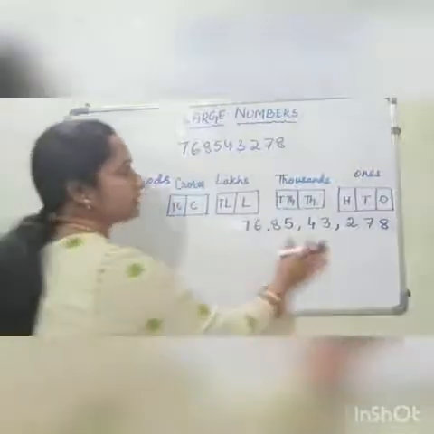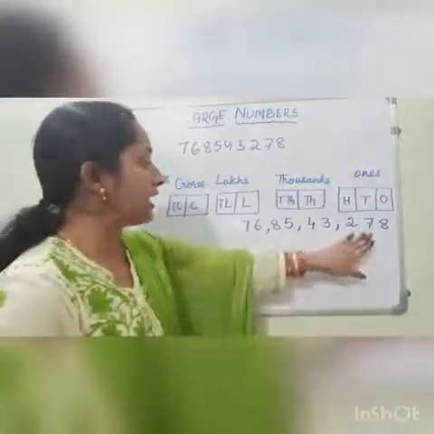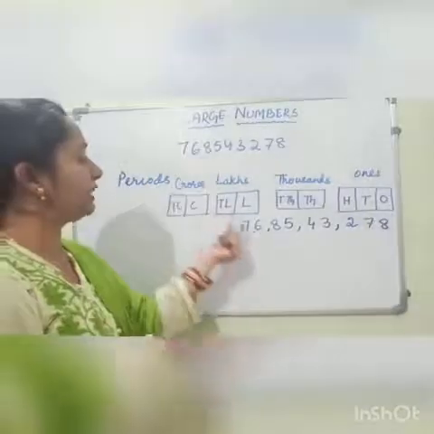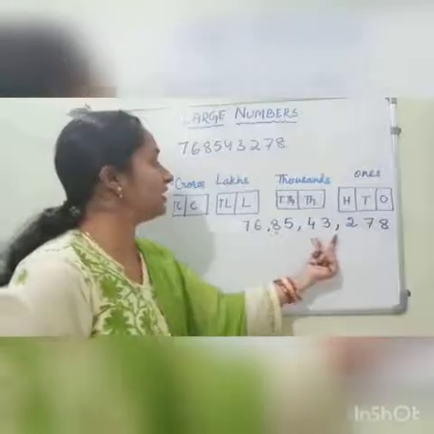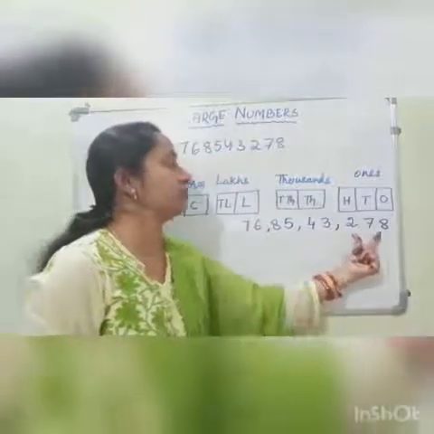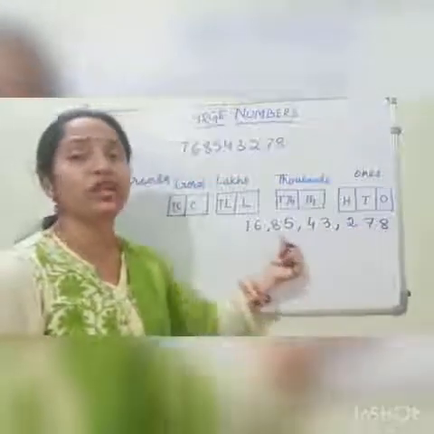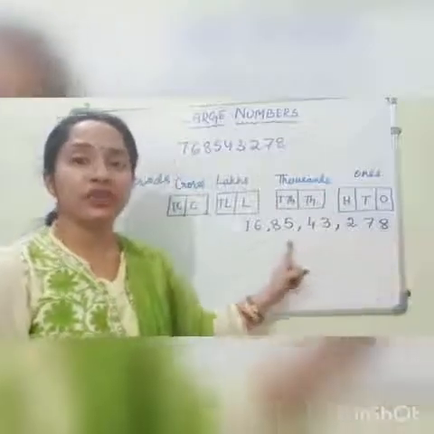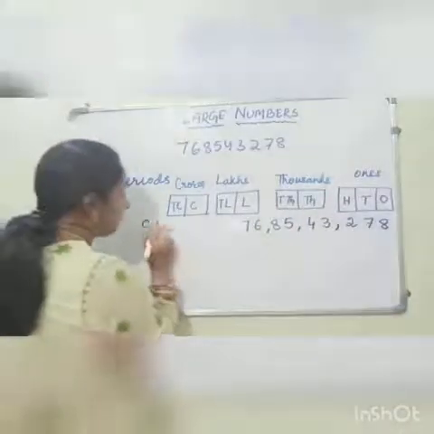Now if you see this at a time, you can understand that 76 is under the crores period, 85 is in lakhs period, 43 is in thousands period, and 278 is in ones period. So how will we read this large number? This representation of a large number by using commas is called its standard form.